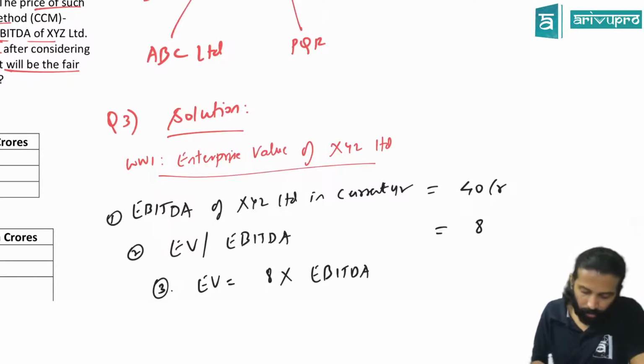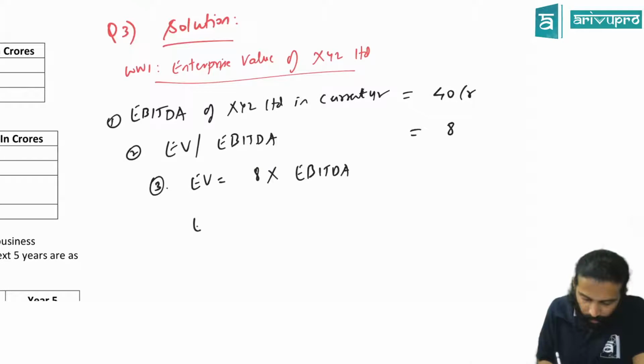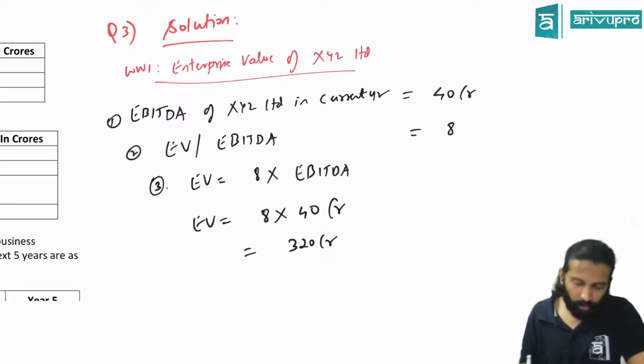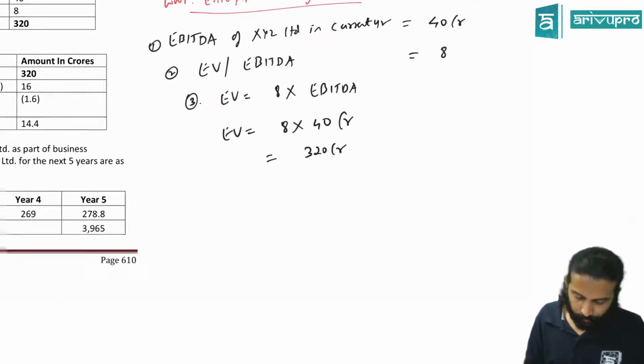If your EBITDA is 40 crore, enterprise value is equal to 8 into 40 crore, which will be 320 crores. That will be the value of this company, correct? But you don't have 100% of the company, you own only 5%.